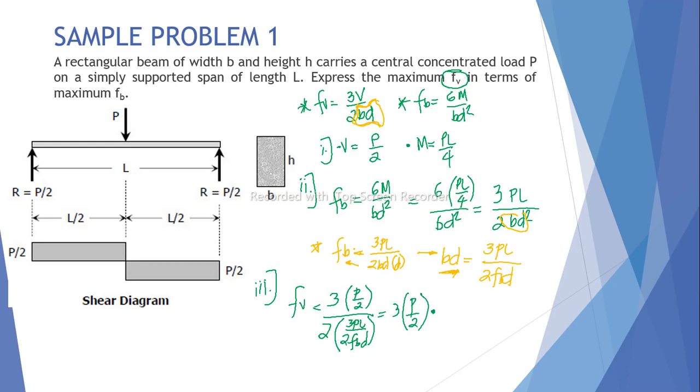The reciprocal of 2 is 1/2, and the reciprocal of 3PL over 2 times bending stress times D is 2 times bending stress times the depth D over 3PL. The 3 cancels, the 2 cancels, and the P also cancels.